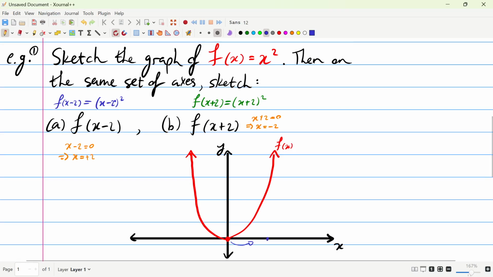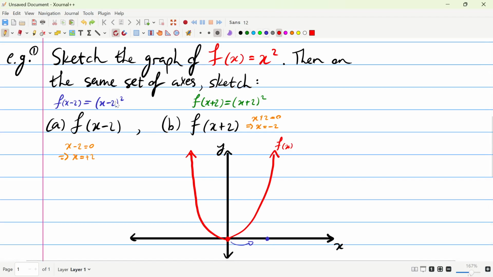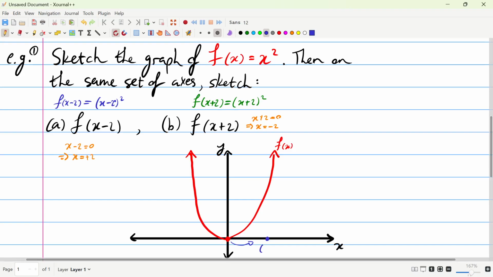Let's assume that 2 is somewhere here, okay? So this is the value 2, which is positive 2, and obviously this value here must be 0, okay? But within high school, you kind of need to write down the full coordinate. So this is an x-intercept, so it'll be 2 and 0, okay?